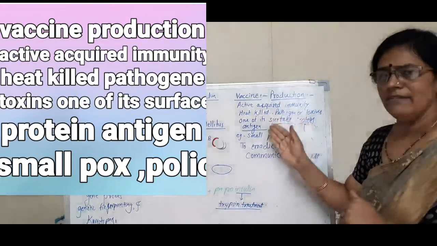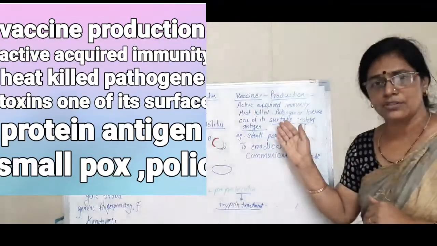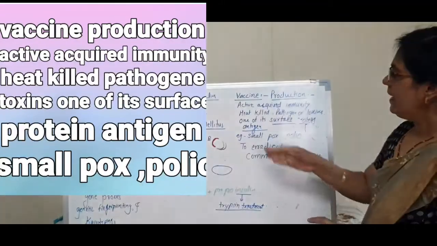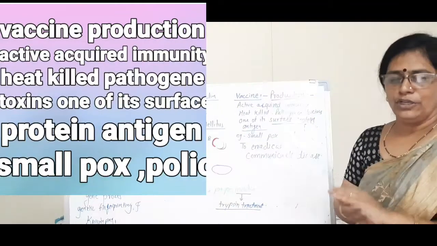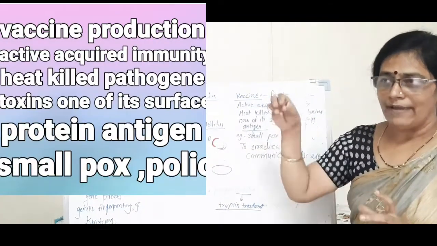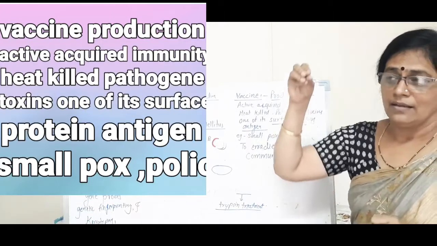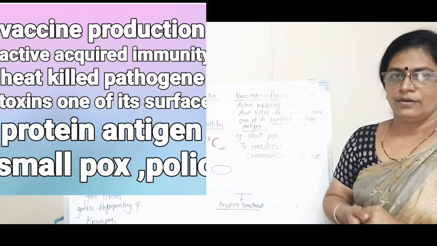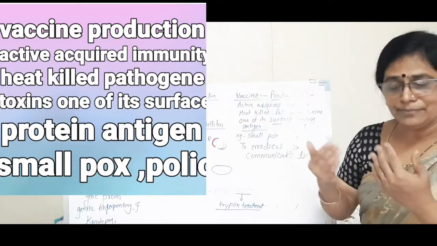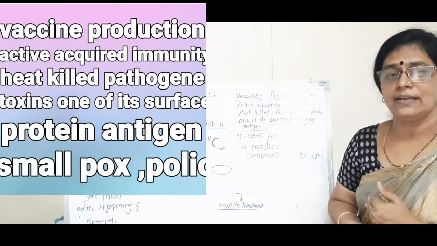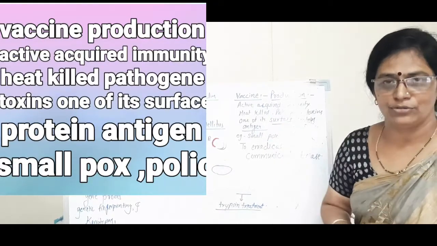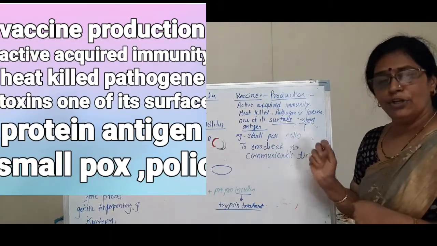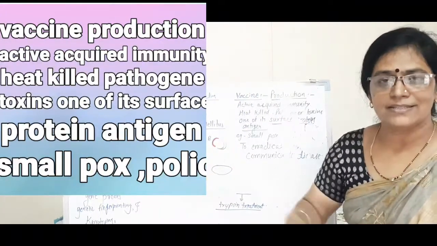So such inactivated antigens, inactivated toxins, or heat-killed pathogens are introduced into the animal. For example, smallpox or polio. In smallpox or polio, the vaccines, the heat-killed pathogens, are given to that patient or organism to acquire the immunity, to adapt that immunity, to fight against that pathogen.